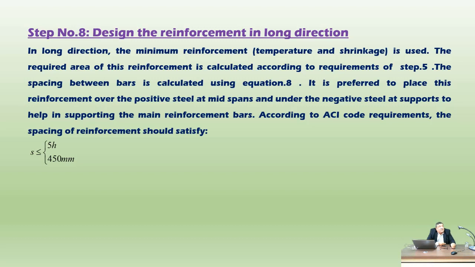It's preferred to place this reinforcement over the positive steel at midspan and under the negative steel at supports to help in supporting the main reinforcement bars. According to ACI code requirements, the spacing of reinforcement should be less than or equal to 5h and 450 millimeter.